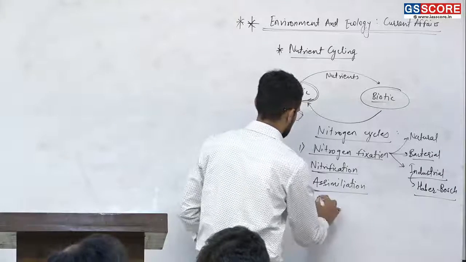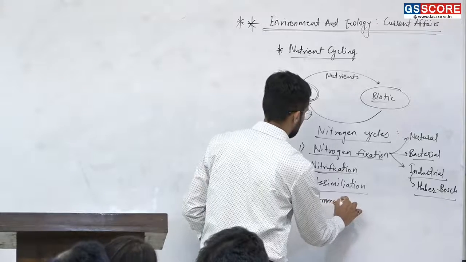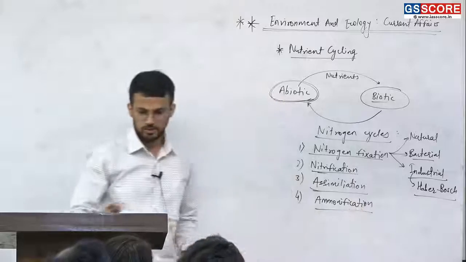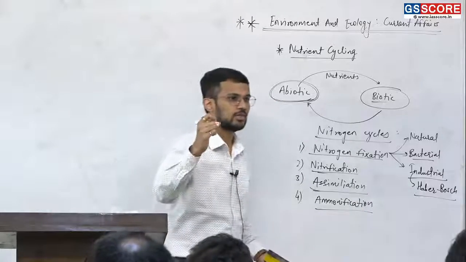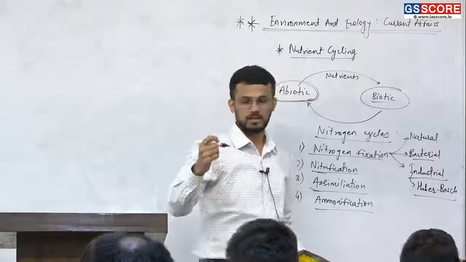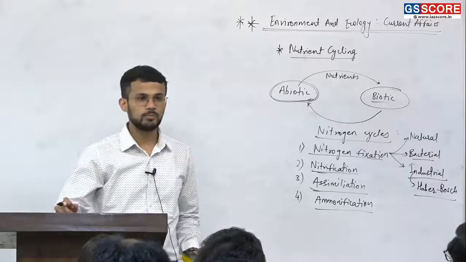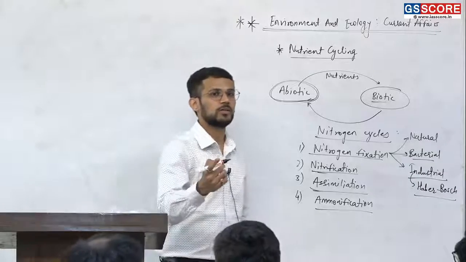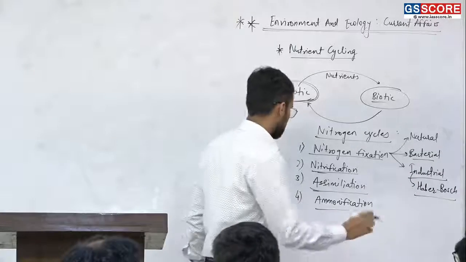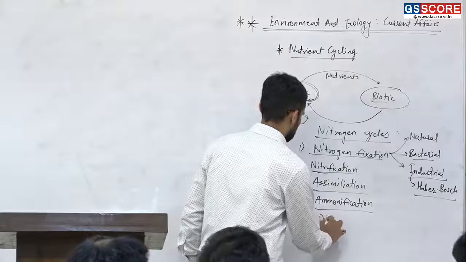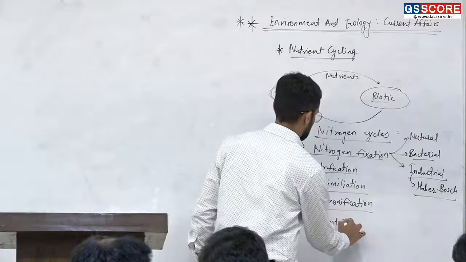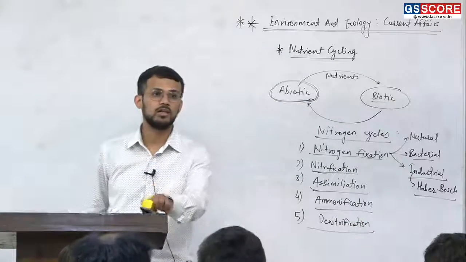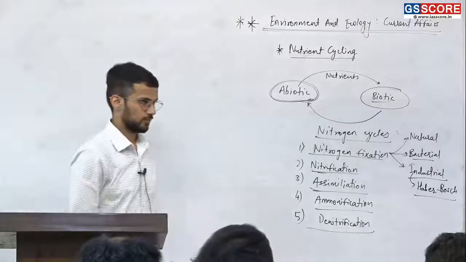Ammonification: wherein what will happen? The excretory matter or dead organic matter will be acted upon by microbes like Pseudomonas, and it will be converted into ammonia. And then comes denitrification. So these are the processes involved in the nitrogen cycle.